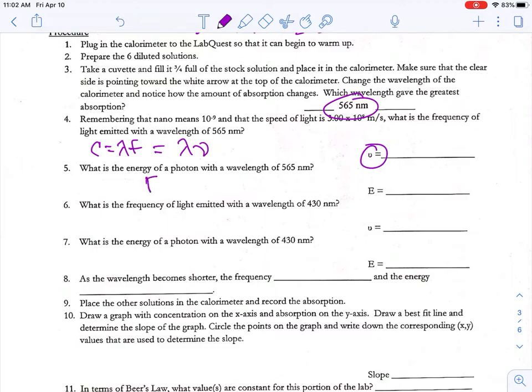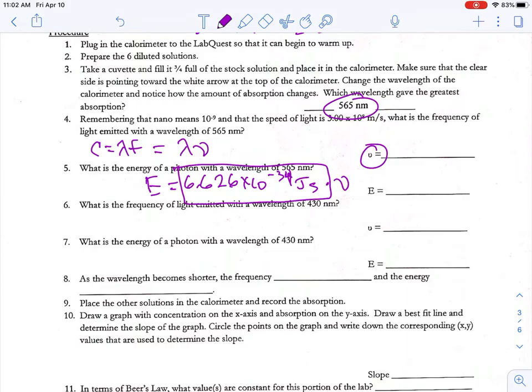And then your energy is Planck's constant, which is 6.626 times 10 to the negative 34th joule seconds, times the frequency. So this is just a constant, Planck's constant.